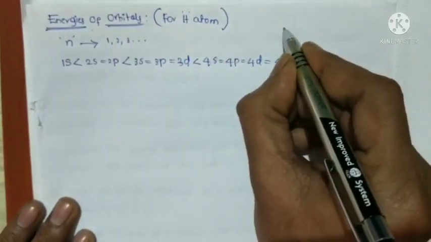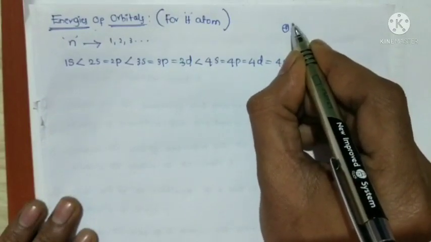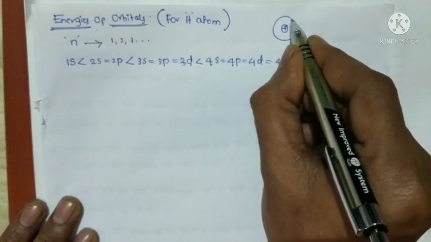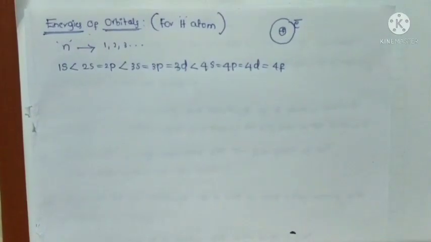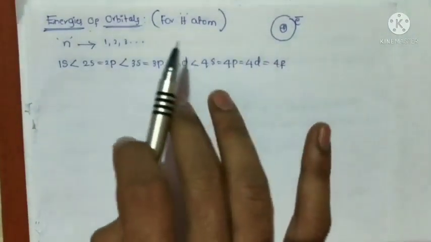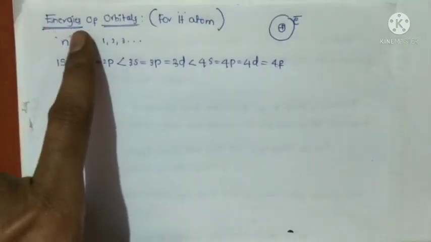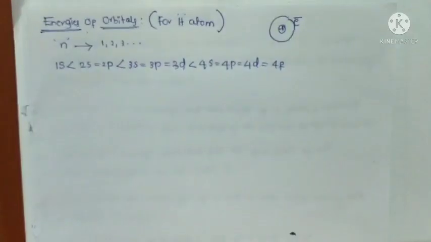In a hydrogen atom, one nucleus is there, that means in the nucleus one proton is there, and one electron revolves around the nucleus. So this is the information about the hydrogen atom. Now we will discuss energies of orbitals in the hydrogen atom.